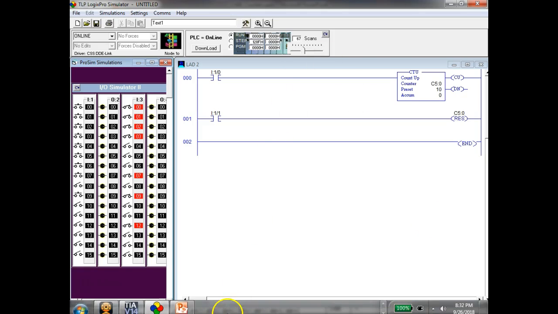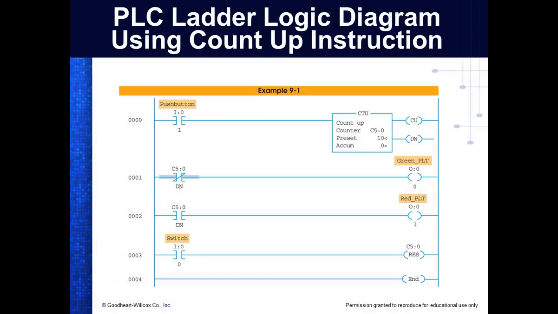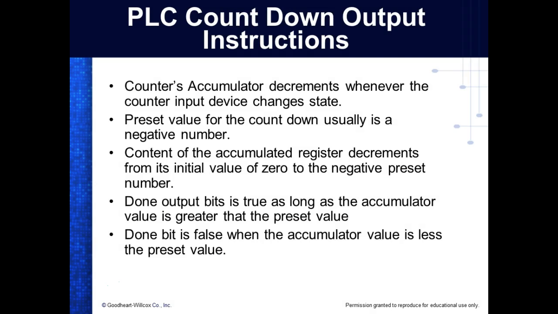Okay, so let's look at our down counters. We can use the done bit, normally closed, normally open, and everybody okay there. But anything we do, we've got to do what? This is what's weird about the Allen-Bradley counter. The accumulator decrements whenever the counter input device changes state.